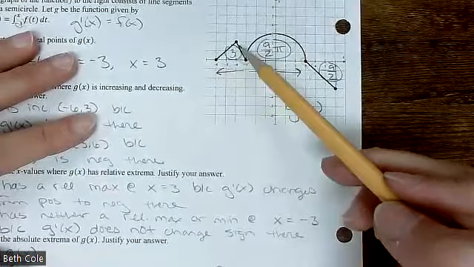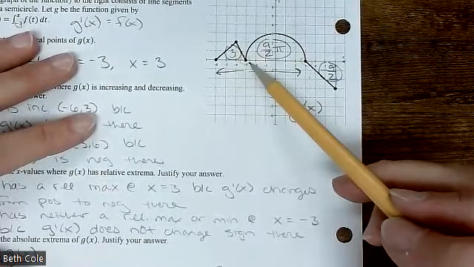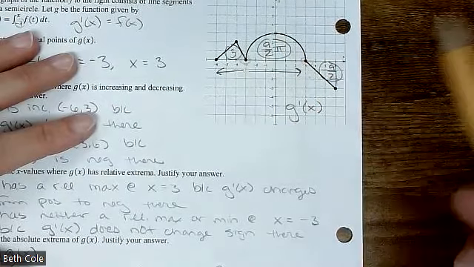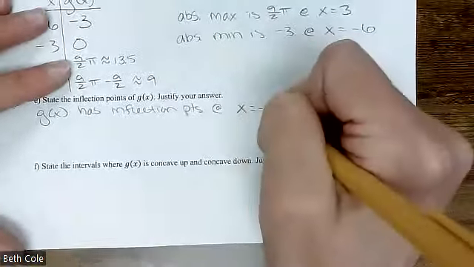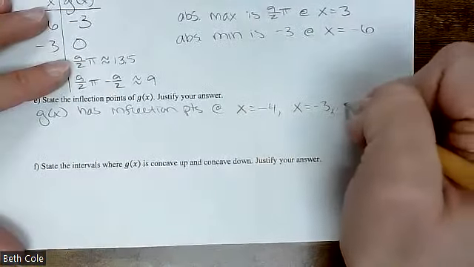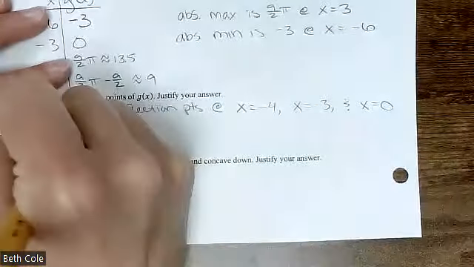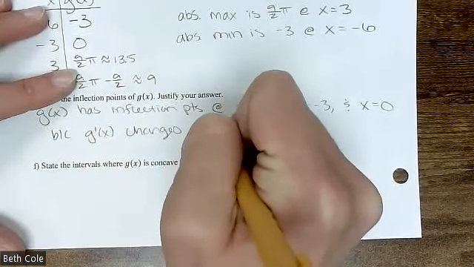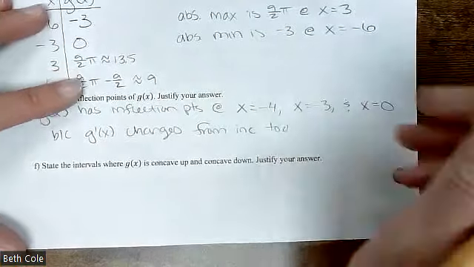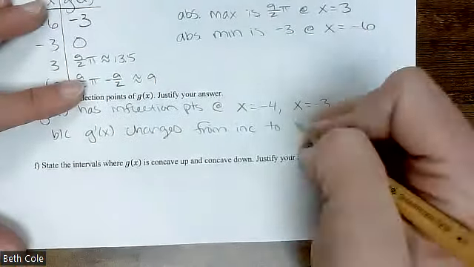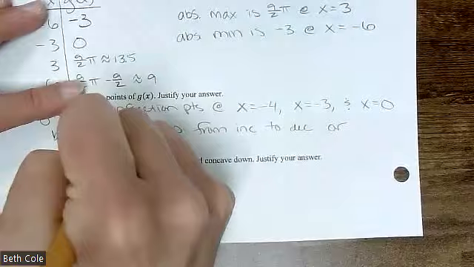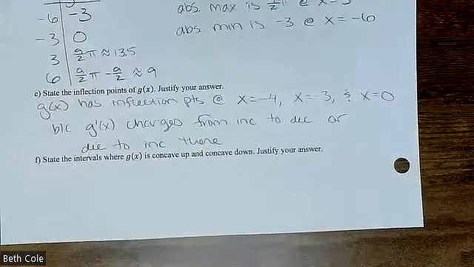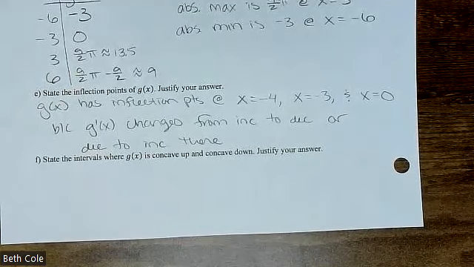So let's see, what'd you put? -4, -3, 0, and that's it. So -4, -3, and 0, because g prime changes from increasing to decreasing or decreasing to increasing there. And I'm sorry, but that's how I was told you have to write it. So just do it so you get all the points.